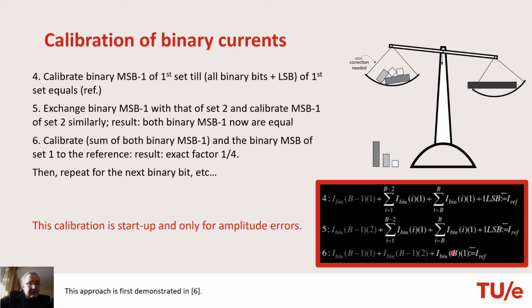Keep in mind that the MSB current is already calibrated to half the reference. So if we start changing MSB minus 1, both currents in the same way, so that we keep both of them equal to each other, but then we change the sum, when the current comparator output changes, this is an indication that the sum of these two currents is equal to the reference minus the MSB current.